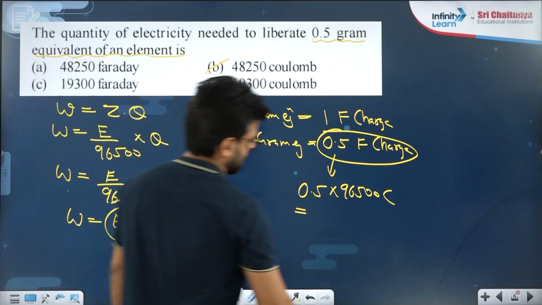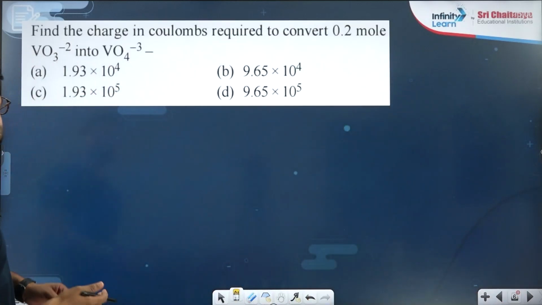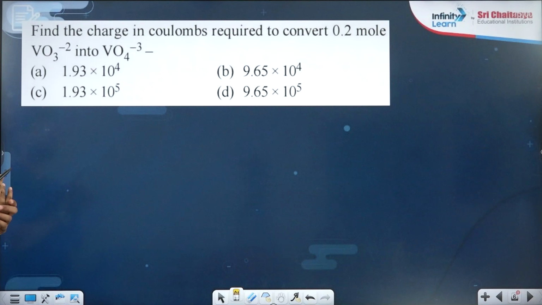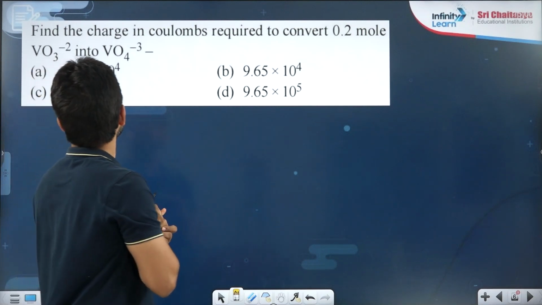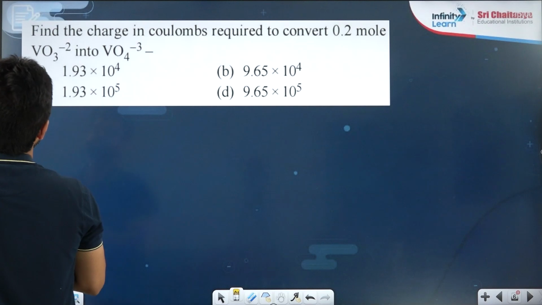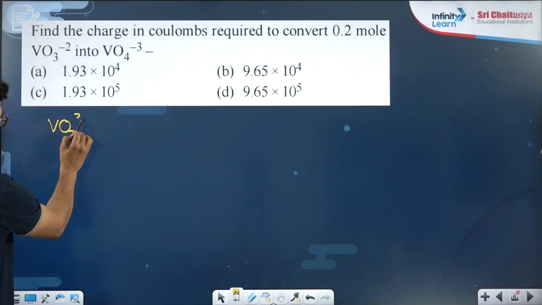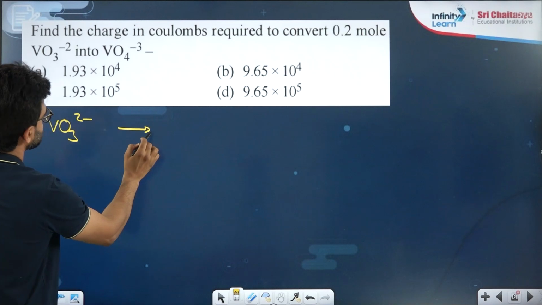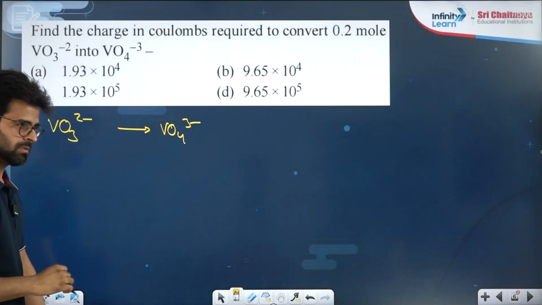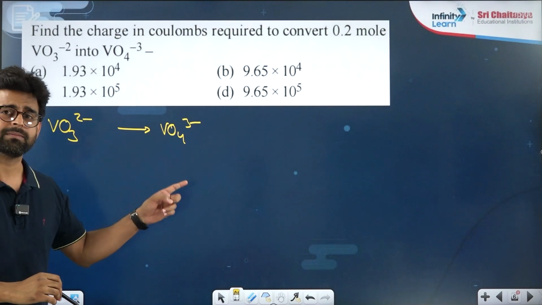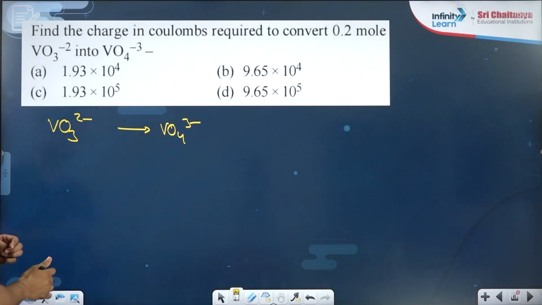Okay. Now the next question: find the charge in coulombs required to convert 0.2 mole of vanadium oxide. So you see here it's VO3 2 negative converting into VO4 3 negative, right? In this transition, how many moles of electron are transferred?